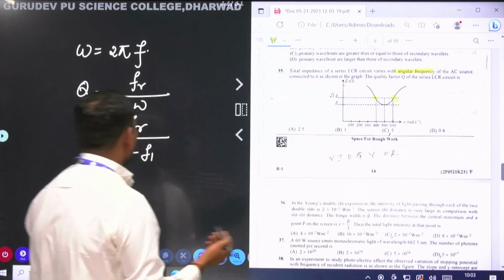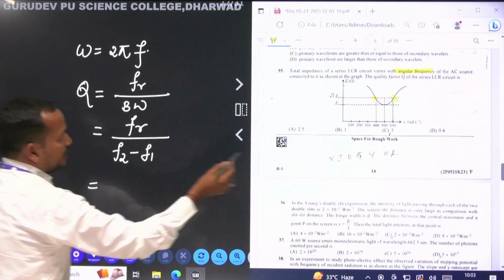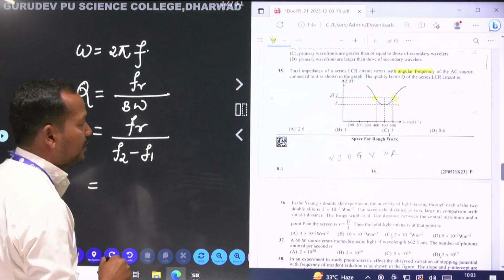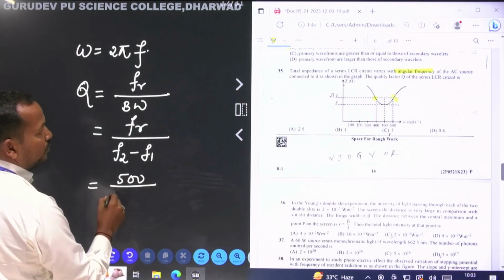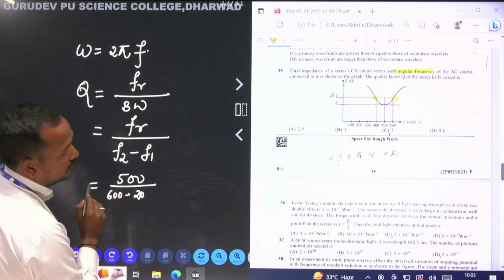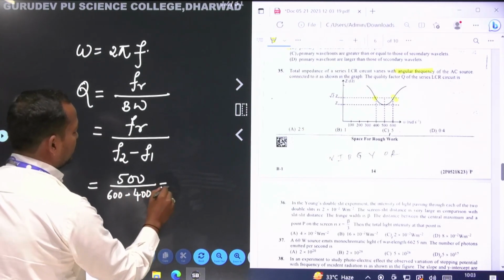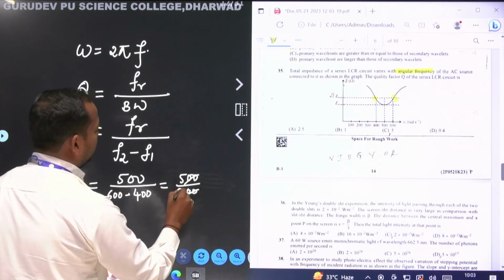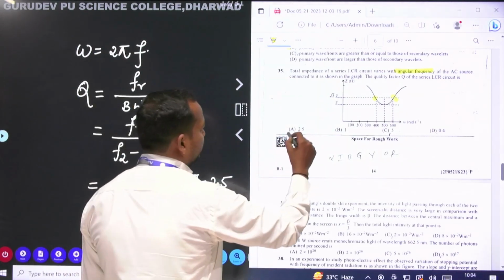Therefore this formula becomes 500, which is the maximum, because at minimum impedance maximum current will be there. Therefore 500 divided by 600 minus 400, which is equal to 500 divided by 200, which is 2.5. Therefore the quality factor is 2.5.